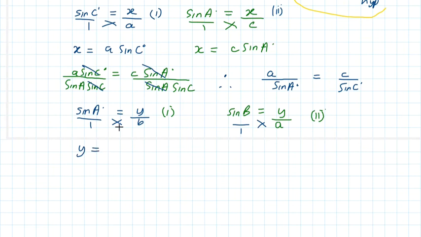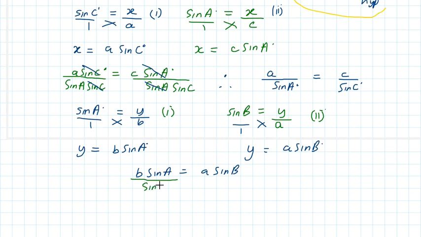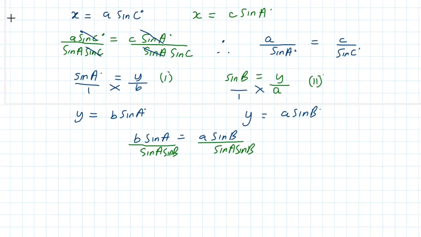For the first equation, y is equal to b sine A, and for the second equation, y is equal to a sine B. Since these two terms are equal, we can say b sine A is equal to a sine B. And we can divide by sine A sine B. What we do on the right hand side is what we do on the left hand side, to make sure our equation is balanced.